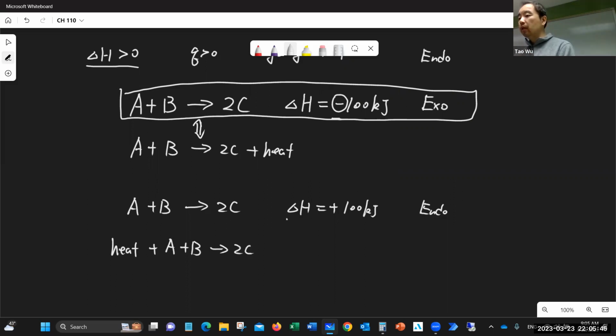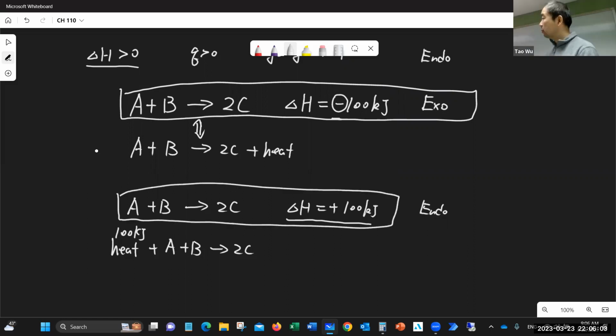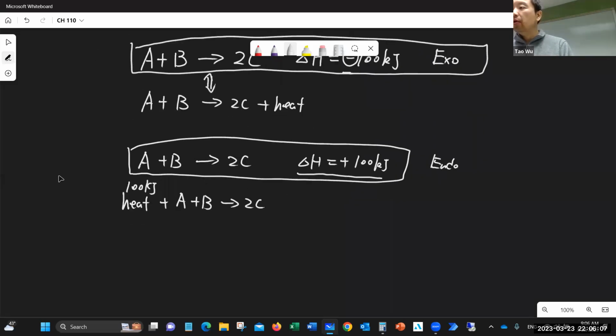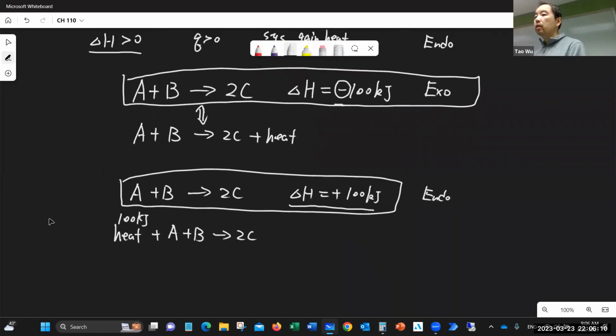This is the same thing, and it represents endothermic because this heat means we need 100 kilojoule of heat plus this to make 2C. Make sense, right? But again, the top form is the most common expression that people write. So now you see the heat and the equation are combined together.